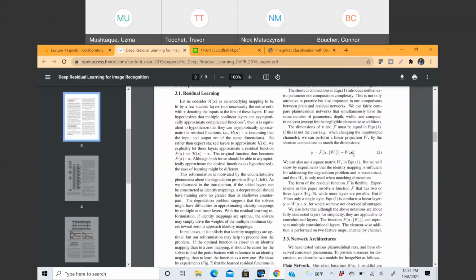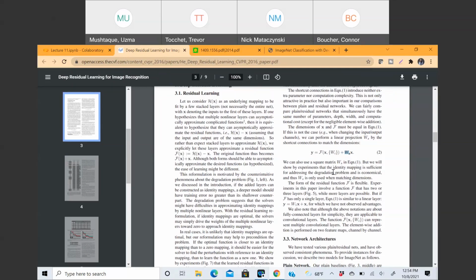And this is my A^L. The dimensions might not match because I have skipped many layers and because of the way my convolutions were applied. So that's why we sometimes need to do this trick of adding this matrix W_S, so as to balance it out. It could be an identity matrix or something like that, so that we can make the dimensions equal. That's a small trick that's important.